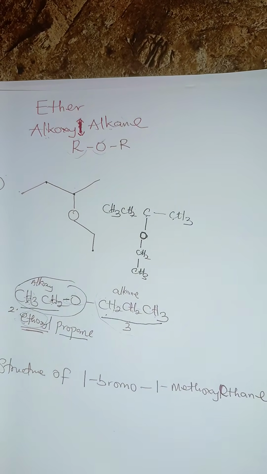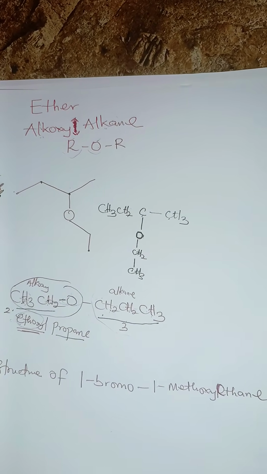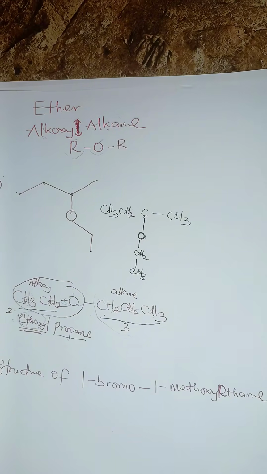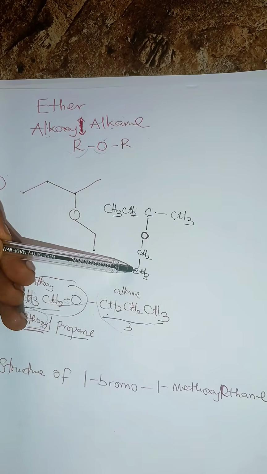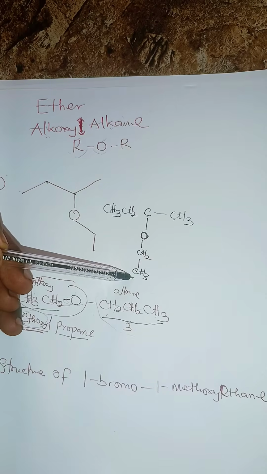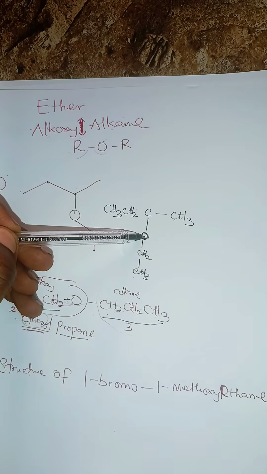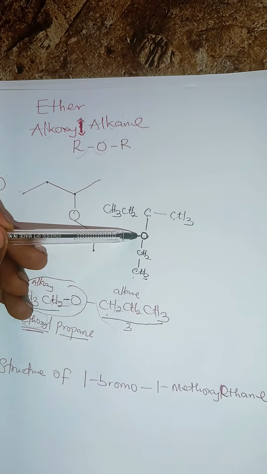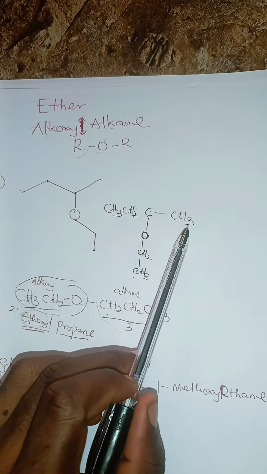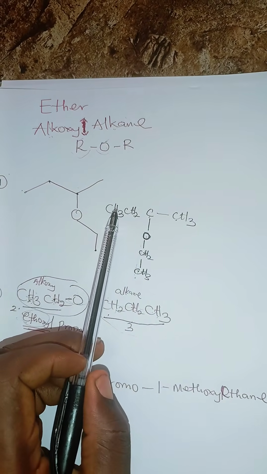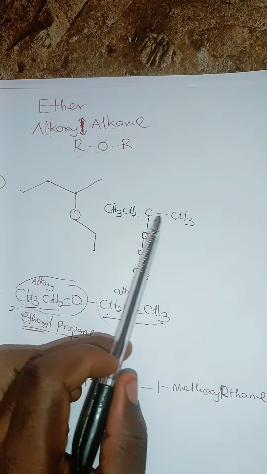We all know that the longest chain is going to be the alkane, while the shortest one will be the alkoxy, like I told you. So 1, 2 is the shortest together with the O. This part will be ethoxy. This is the ethoxy. Now we have 1, 2, 3, 4, and this is the longest chain.